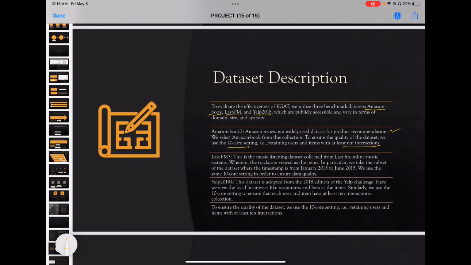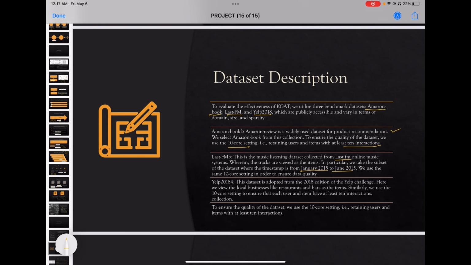Last.fm is a music listening data set collected from the Last.fm online music system. Herein, the tracks are viewed as items, and in particular, the subset of the data set where the timestamp is from January 2015 to June 2015 is taken. The same 10-core setting is also used in Last.fm.